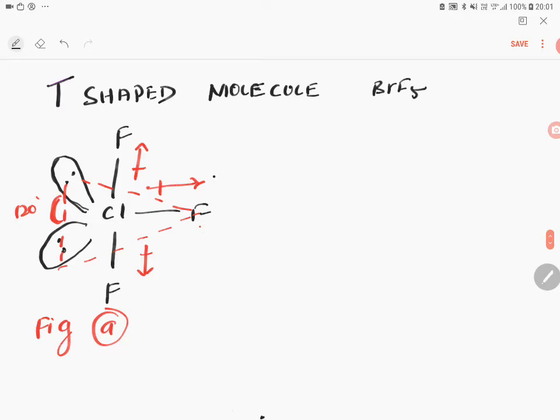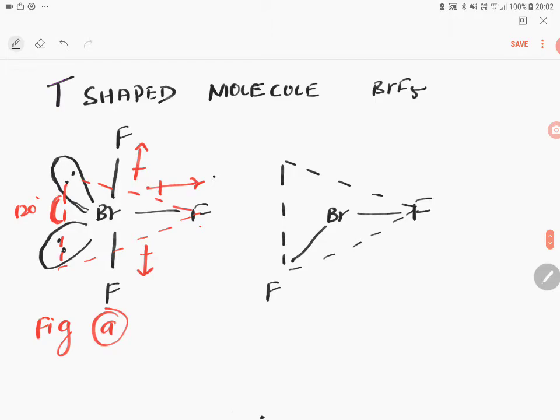Next, I can also make a trigonal bipyramidal molecule like this. I can keep one fluorine here and the other fluorine here. I'm sorry, bromine should come in the middle. So one fluorine occupies one vertex of a triangle, and a second vertex.